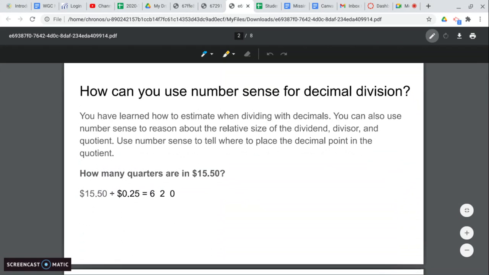How many quarters are in $15.50? A quarter is 25 cents. So we're taking 15.50 and dividing it by 0.25, just like we see here. In this case, we're looking at the number of place values after the decimal.